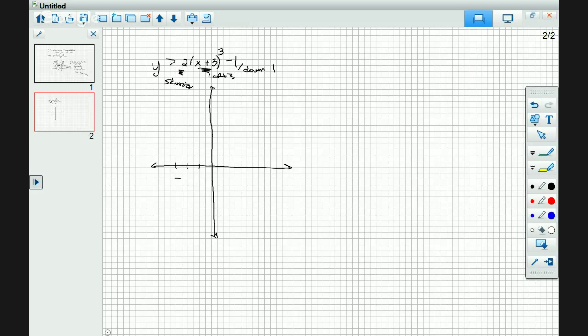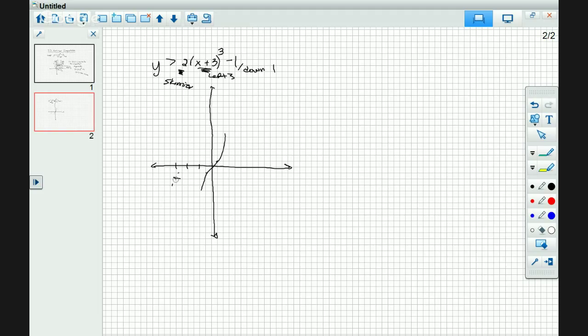The parent graph, if we drew it, goes through (1, 1) and (-1, -1). It would look like this. So we need to get a little bit tighter than that. So if we're centered here, we want to be just a little bit tighter. Okay, so it's skinnier.